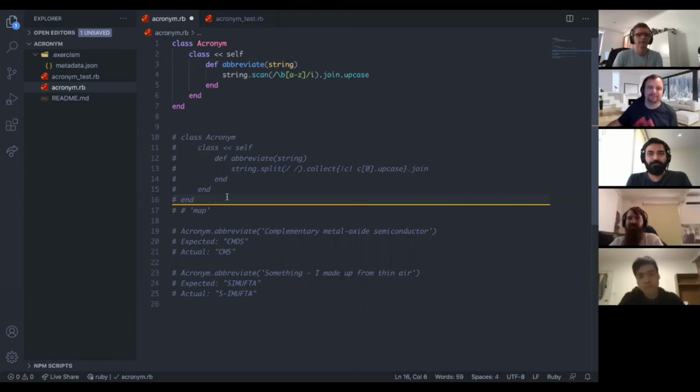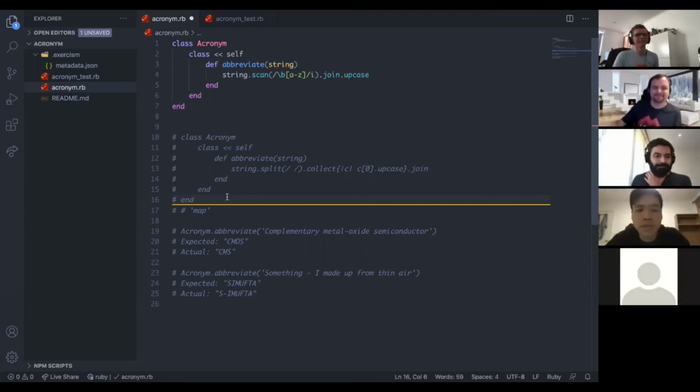There could be one, in the split, you could use a word boundary. So it's not exactly without a regular expression, but you could use a split with a word boundary. Okay. You could potentially have a look at the more than 2,500 solutions up on the Exercism website by the community and see if anyone doesn't use a regex.